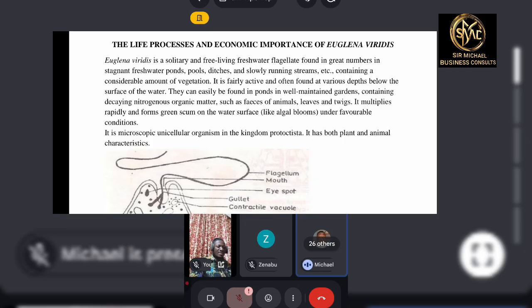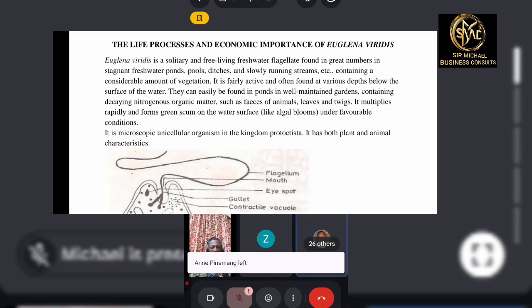So now my question: if your answer is ready, you can raise up your hand and help us. Euglena has a greenish structure when they multiply, because of how large their number is, they are detected as a green scum on water, which we call an algal bloom.